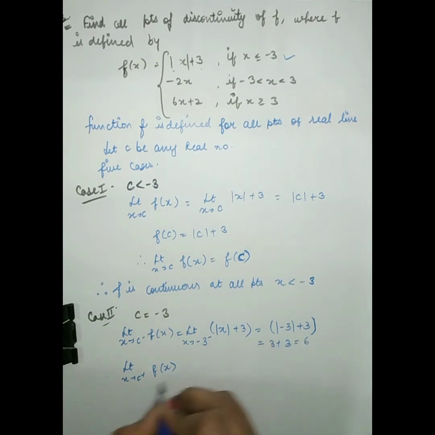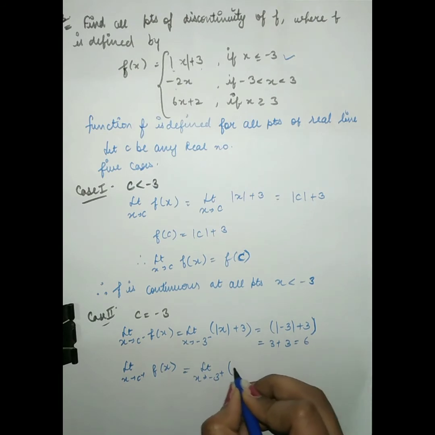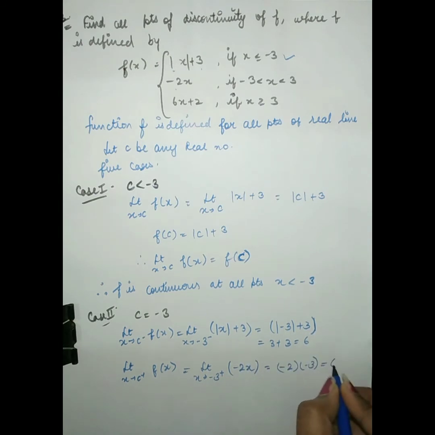Now we have to solve the limit as x approaches minus 3 positive, and f(x) is minus 2x for the right handed limit. Then we put the value of x, then we get minus 2 into minus 3, it will become 6.